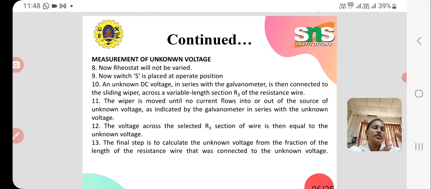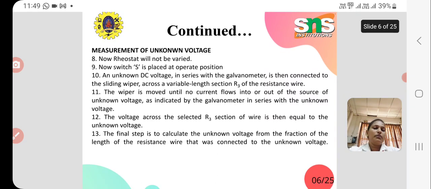Let the length section be R3. The wiper is moved till zero current flows through the galvanometer. When this condition is achieved, the voltage across the selected section R3 becomes equal to the unknown voltage. The final step is calculating the unknown voltage from the fraction of the length of resistance wire that was connected to the unknown voltage.